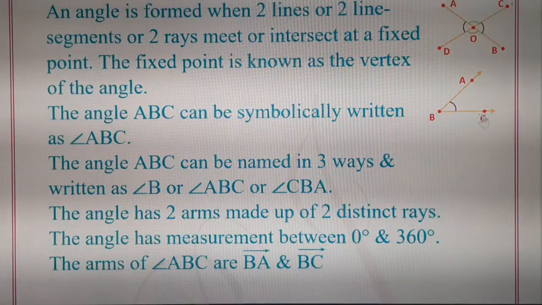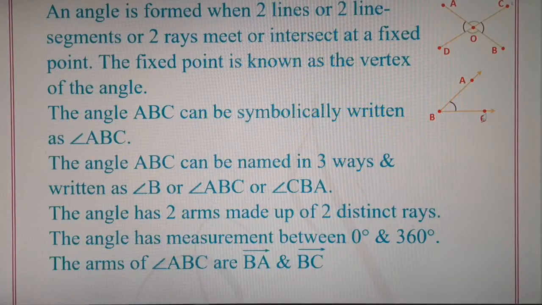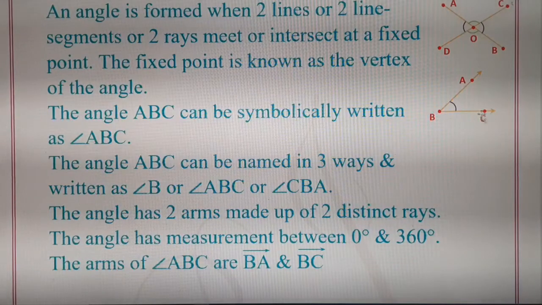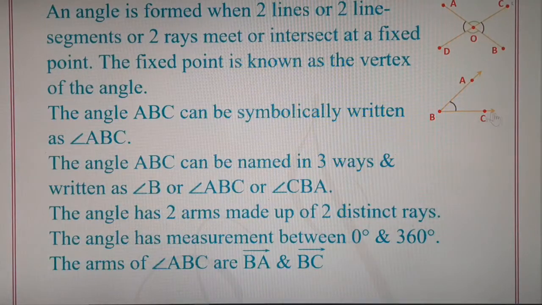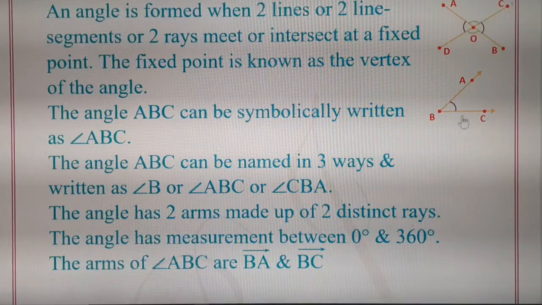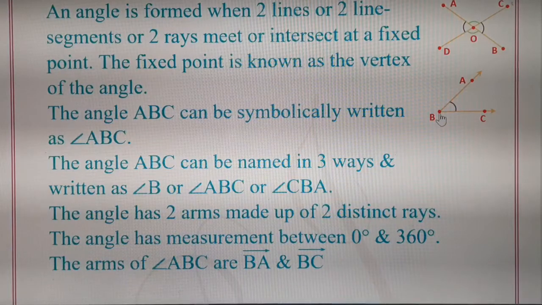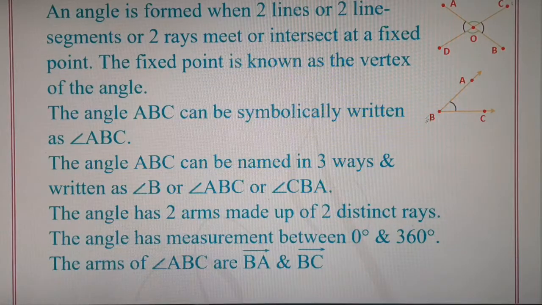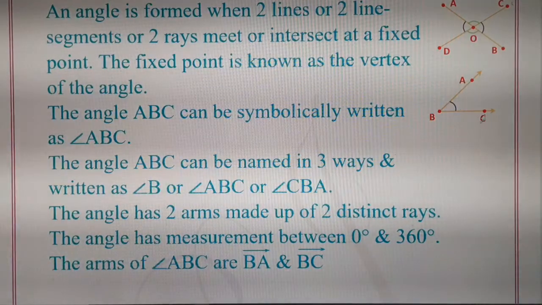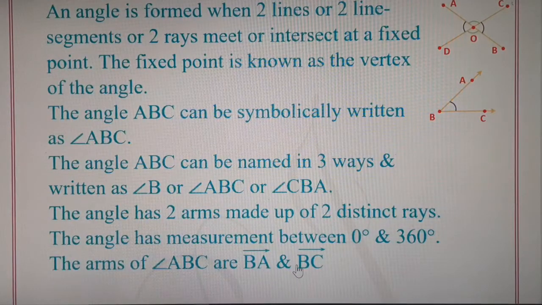So here in this particular ray, the starting point is B and the ray is being extended towards the direction of C. So this arm or the ray of the angle will be mentioned as ray BC. So the 2 arms of this angle ABC will be ray BA and ray BC. The arms of angle ABC are ray BA and ray BC.